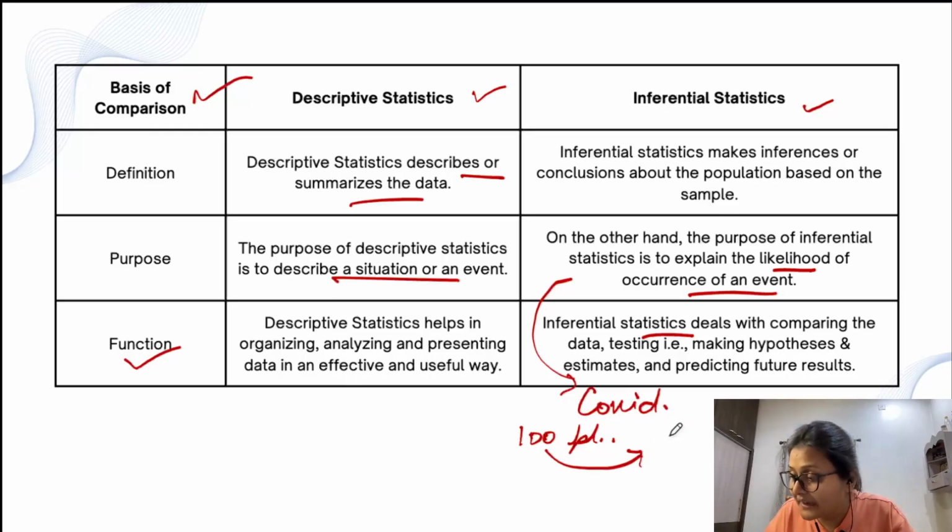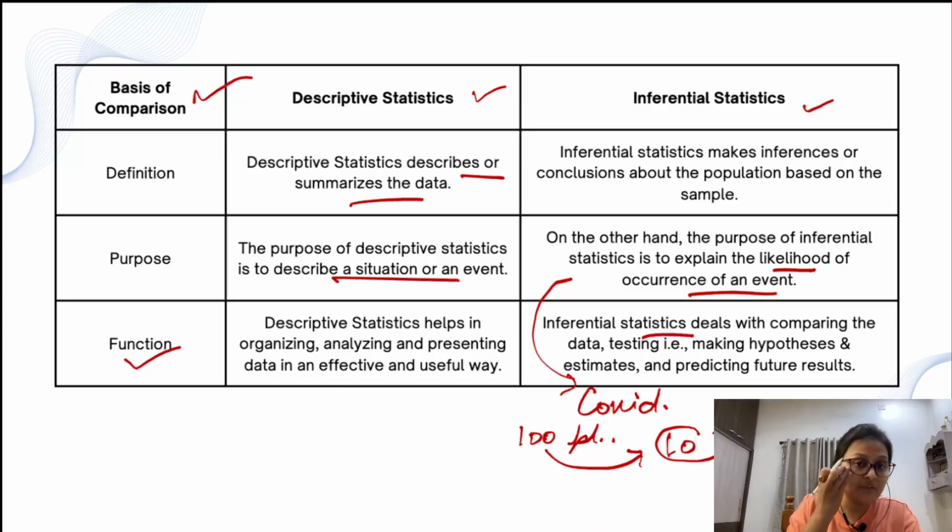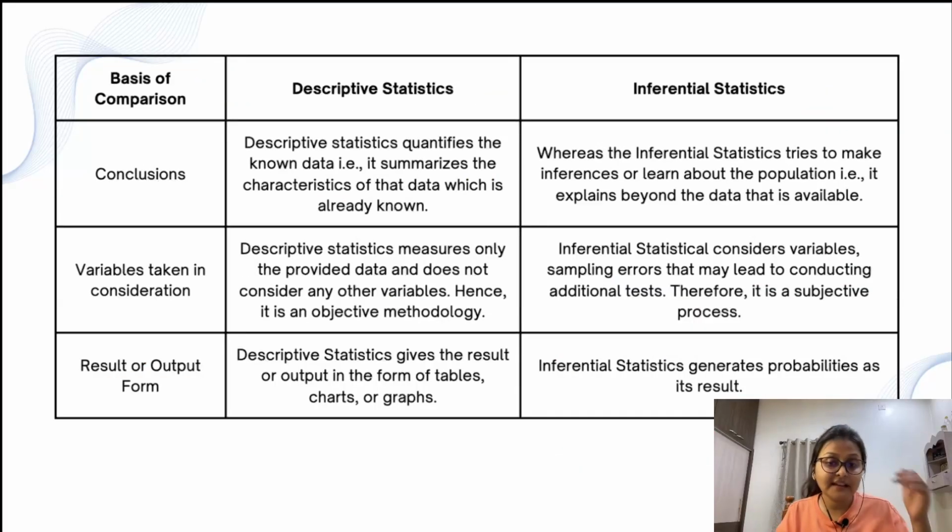A sample will be taken out, suppose 10 individuals. After that, hypothesis testing upon those 10 people will be done, an estimate, an assumption will be derived, and finally the results are going to be predicted based upon those 10 samples. This is the function. Now let us look at the next slide.